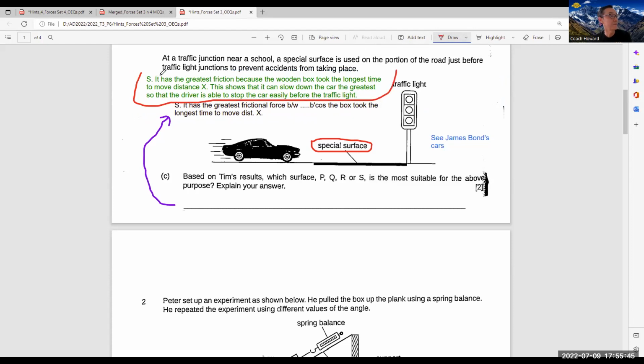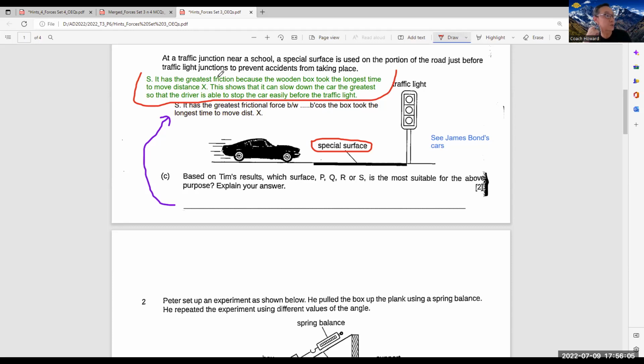Surface S has the greatest friction, because the wooden box took the longest time to move distance x, where x is fixed.